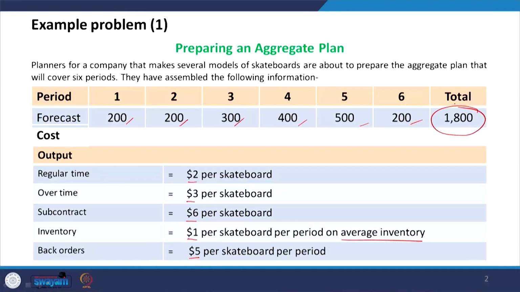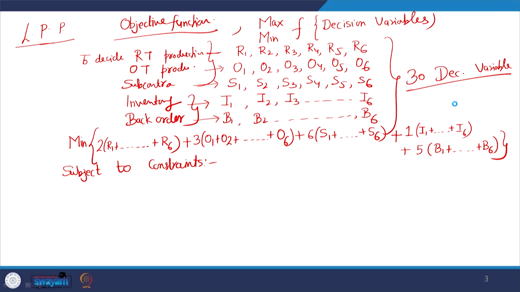Now, one important constraint is that our total production should be less than 1800, because the total demand of 6 periods is 1800. So, this is the total value. One constraint which you will see is that you are producing R1 to R6, O1 to O6, S1 to S6.